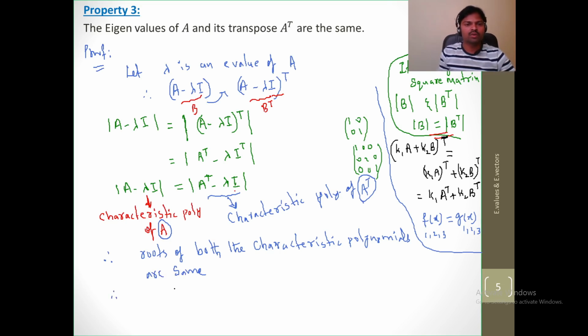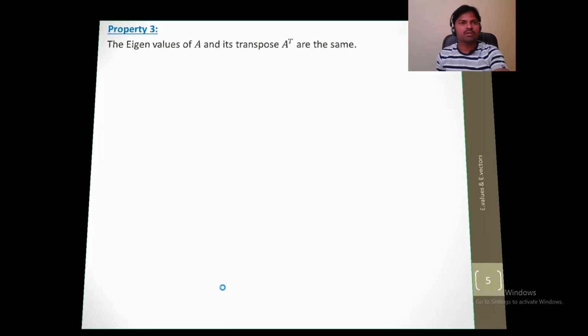Indirectly, roots are nothing but eigenvalues. Therefore, the eigenvalues of A and A transpose are the same. That's it.